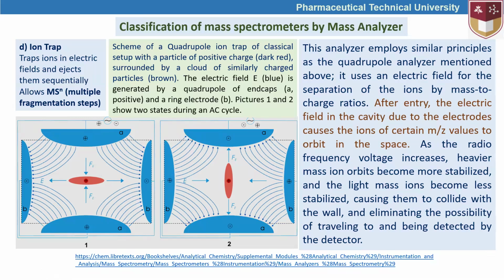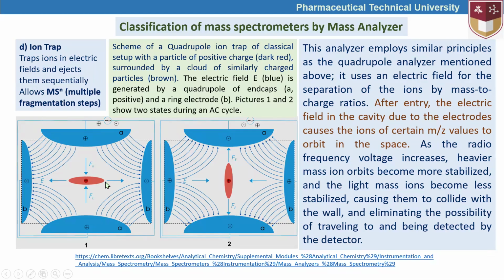The fourth type of mass analyzer is the ion trap. Here we can see how the ion trap works. It traps ions in electric fields and ejects them sequentially.